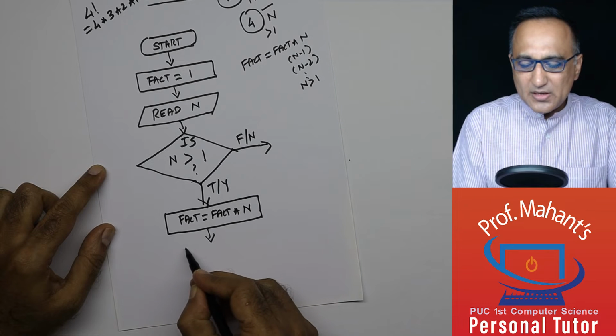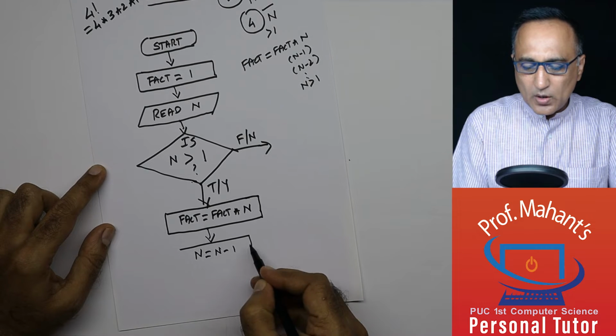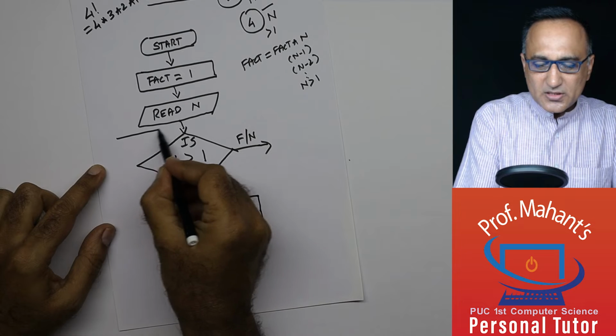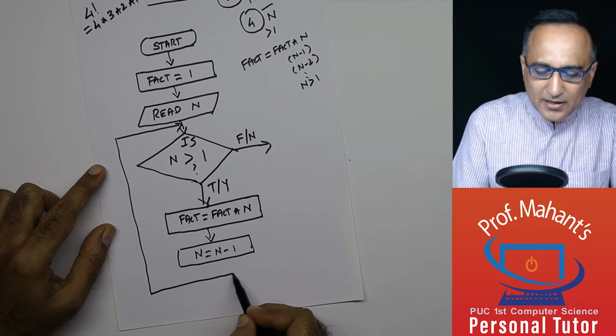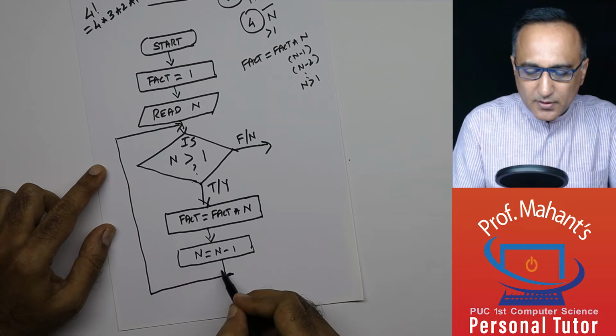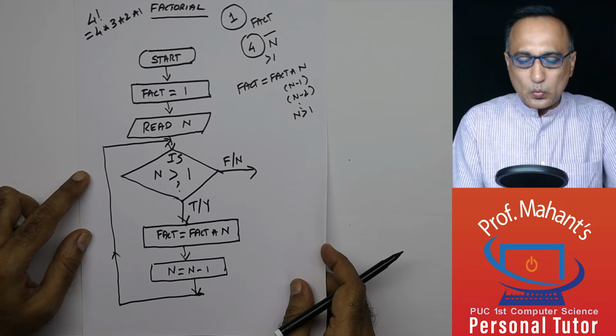So I am reducing the value of n by 1. So n from 4 becomes 3. This process should repeat as long as the value of n happens to be greater than 1.